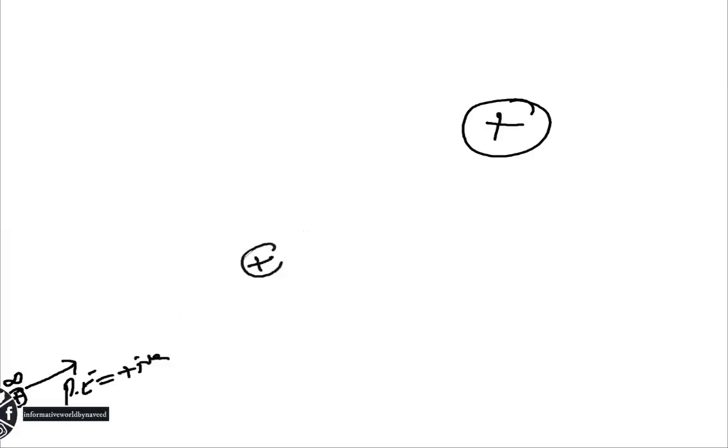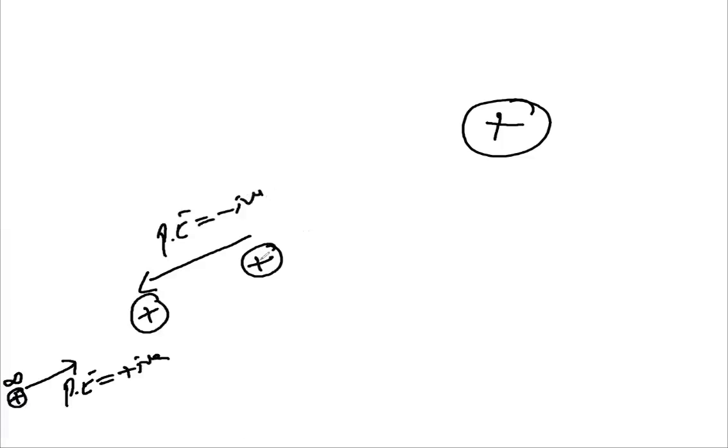If you bring it backward, the potential energy decreases, and if you move it in the other direction, the potential energy will be positive. It means potential energy will get increased in this direction.